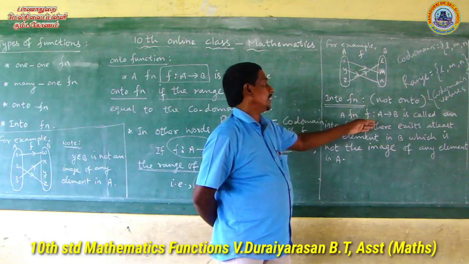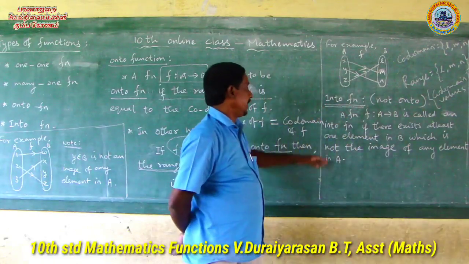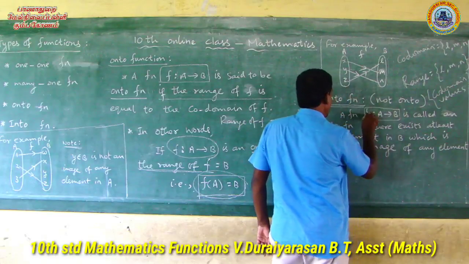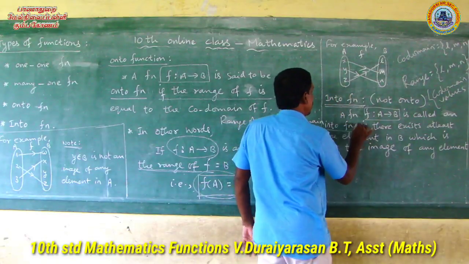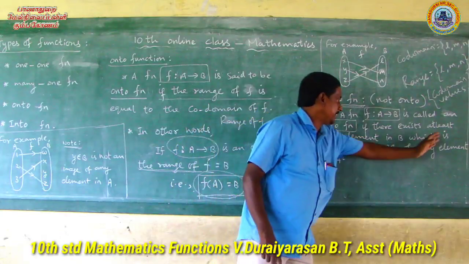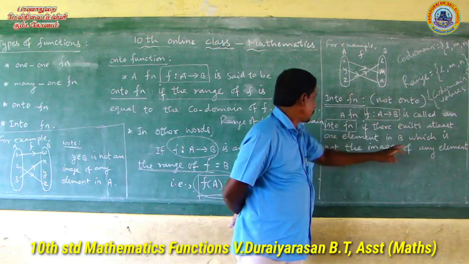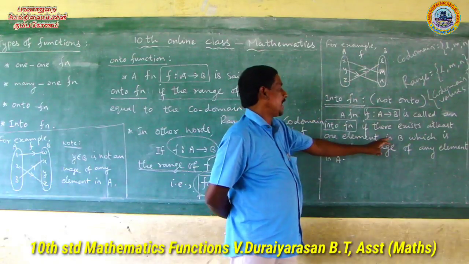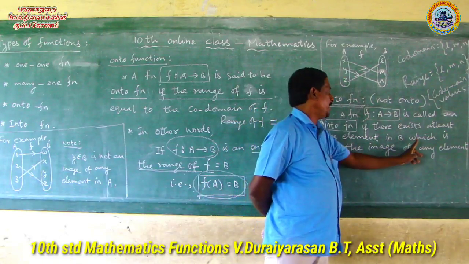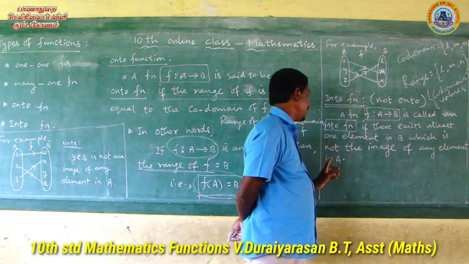A function f from A to B is called an into function if there exists at least one element in B which is not the image of any element in A.